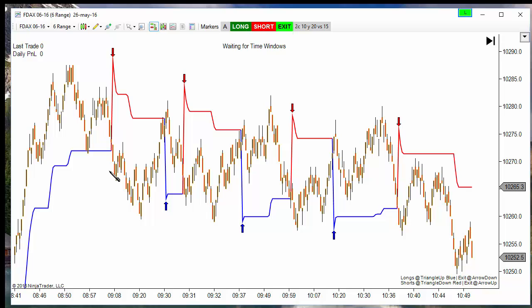Sometimes this doesn't mean that the setup is bad, but on this example we have a short that worked, but then a long loser, a short, also a loser, a long loser, and so on.